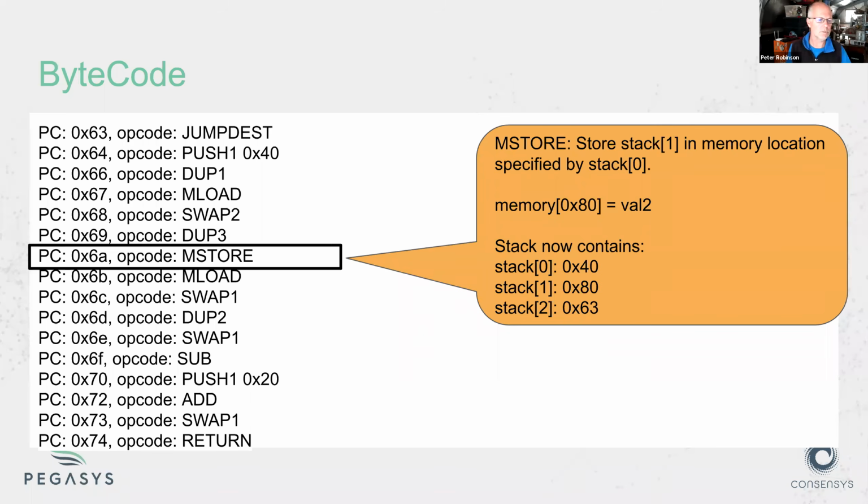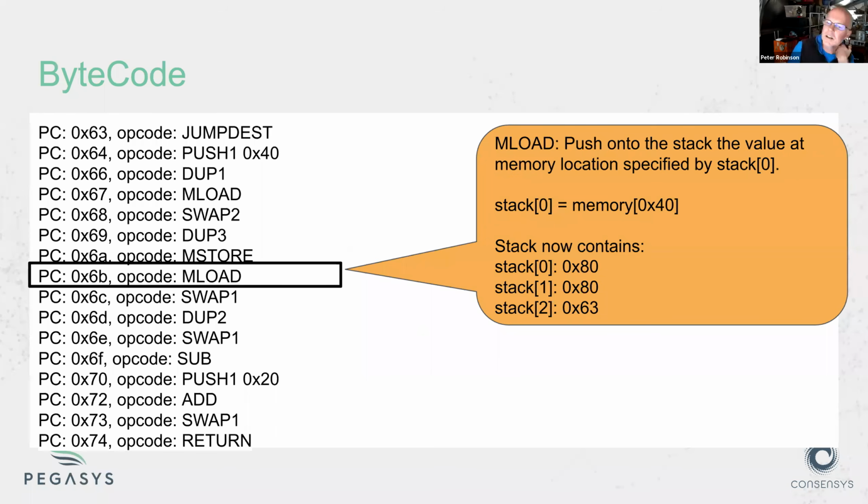And then what we do is we store val2 to that location pointed to by the free memory pointer. And then we load up the free memory pointer again.